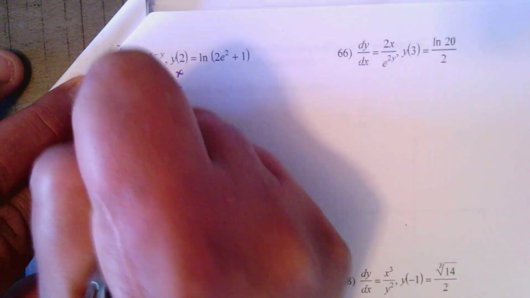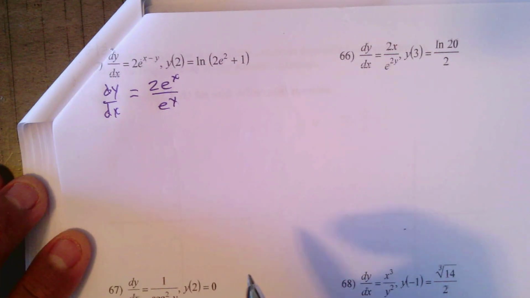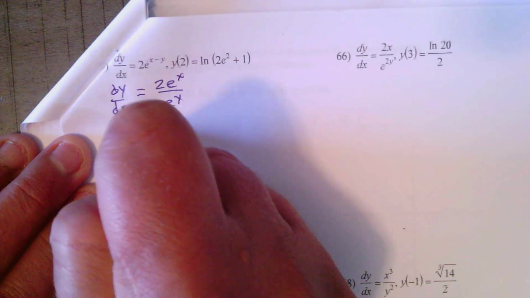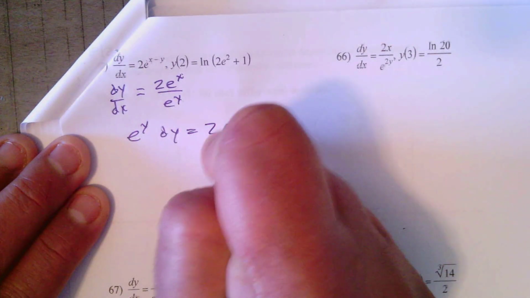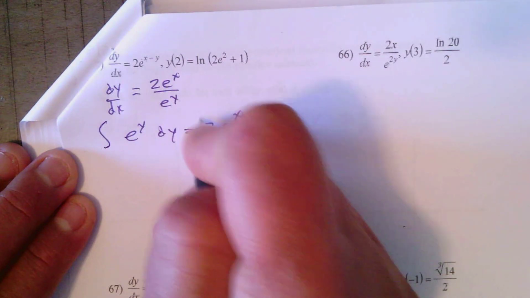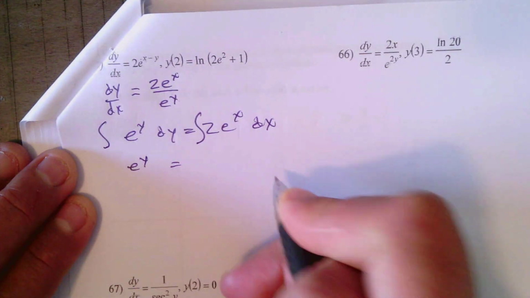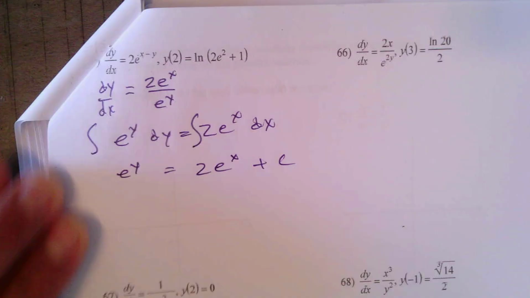And so that I can cross multiply it to get all the dy's and y's together and all the dx's and x's together. So we're going to have e to the y dy equals 2e to the x dx. You can integrate both sides. Here we're going to have e to the y equals 2e to the x plus c.